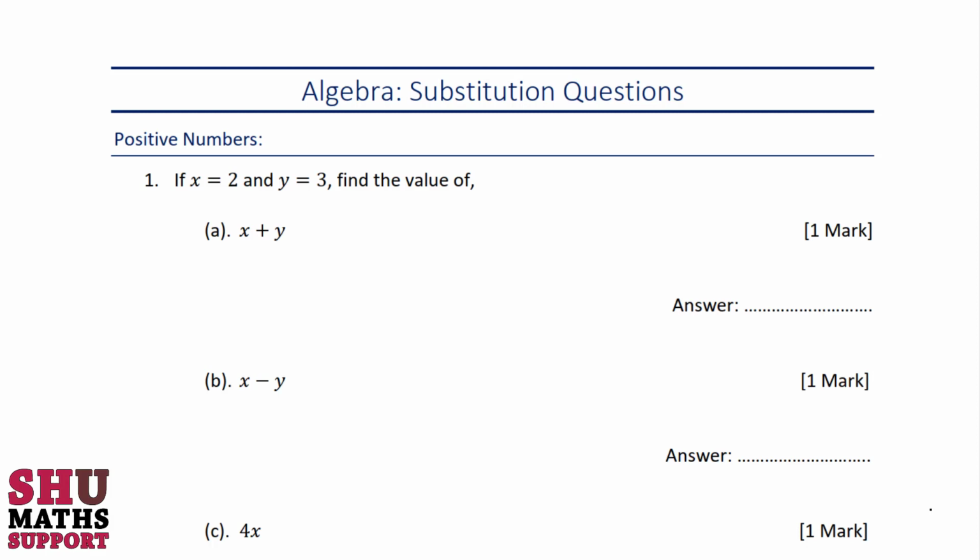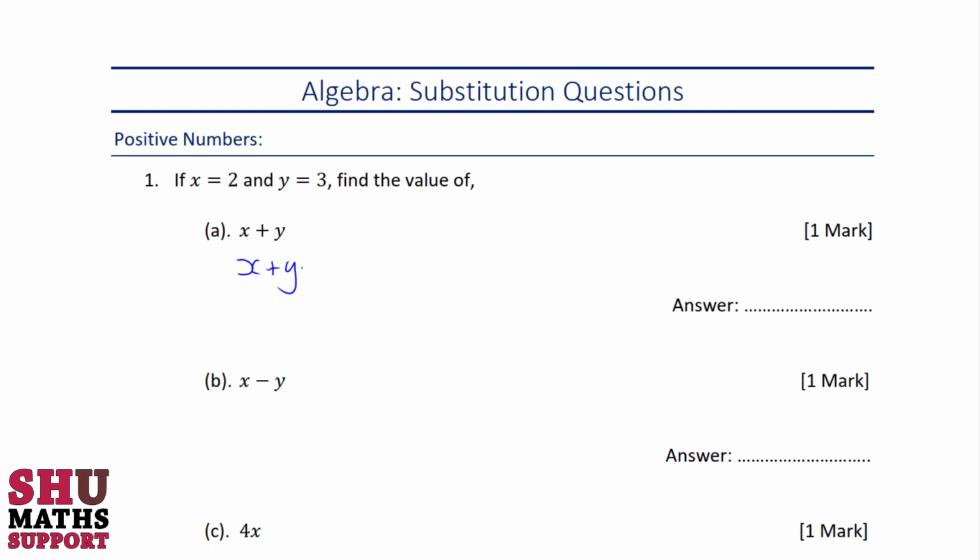Now the first set of examples are just going through positive numbers, and the first question says that if we have x is equal to 2 and y is equal to 3, then find the value of x plus y. So what we need to do here is rewrite x plus y, and then substitute the values we have for x and y.